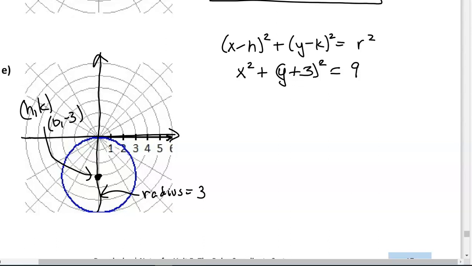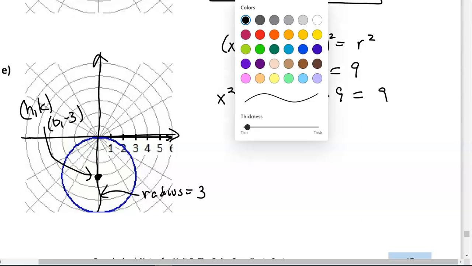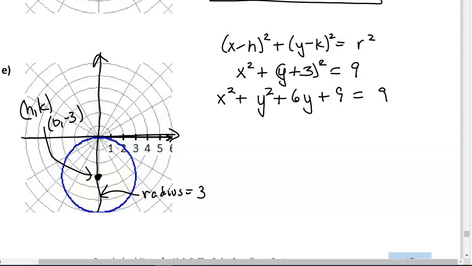To convert into polar form, go ahead and expand or multiply out y plus 3 squared. That's y plus 3 times y plus 3, which gives us y squared plus 6y plus 9. And I'll bring down the 9 on the other side. A quick algebraic thing that we can do to both sides is subtract off that 9.